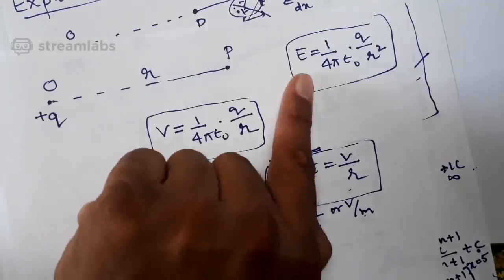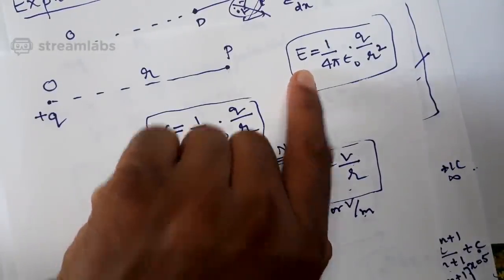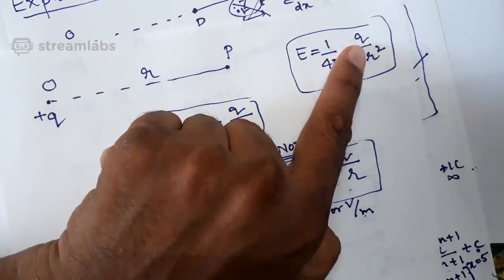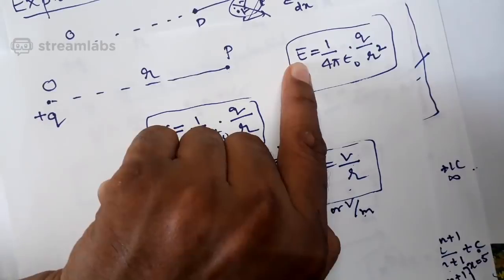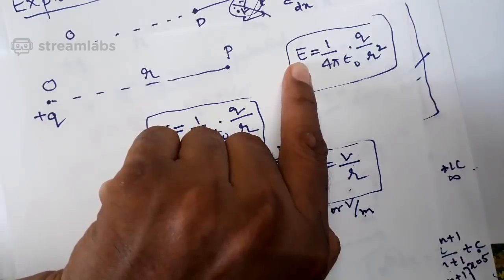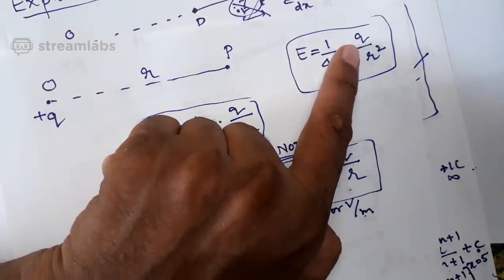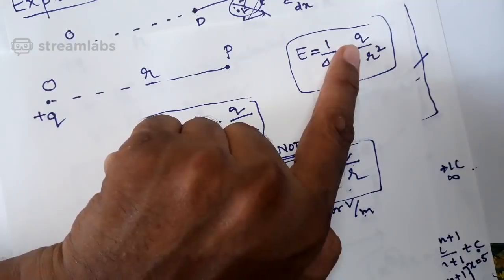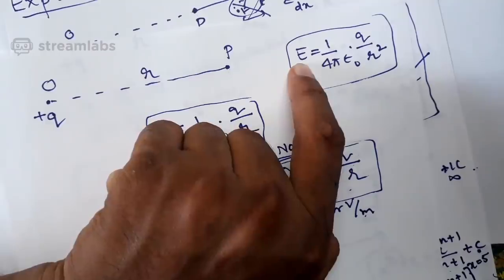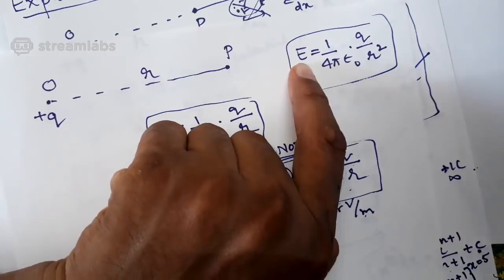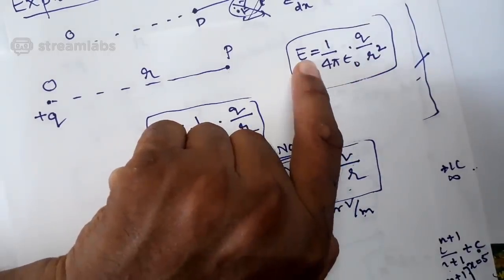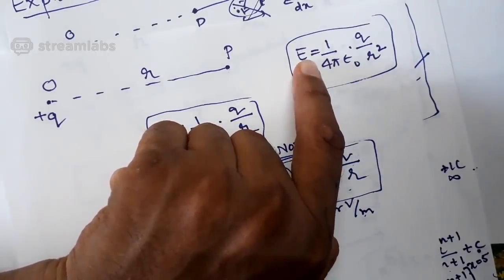Whenever you talk about electric intensity at a point due to a charge, do you remember that we used to ignore the nature of the charge in finding the magnitude of the electric intensity? Even if the charge was minus q, you should write it as q only in the calculation. Not only E, even electrostatic force: if the charge was negative also, we never used to consider a negative sign in the calculation of the magnitude, since they are vectors.